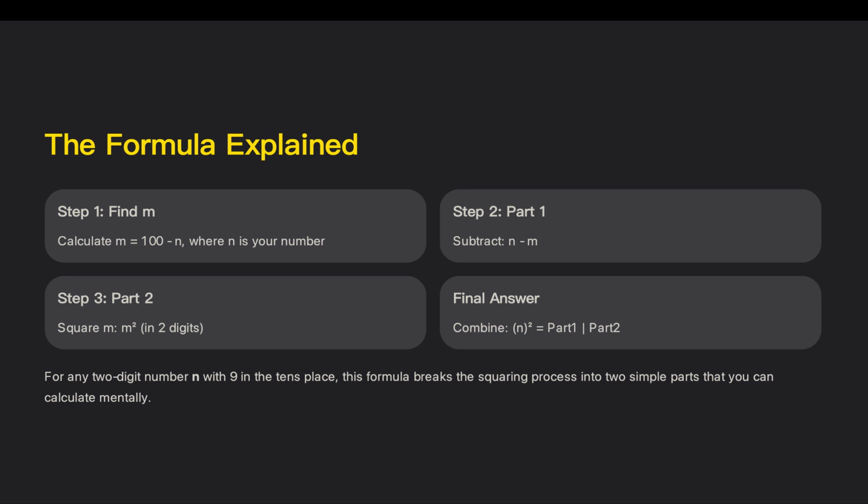That's it. Now, for any 2-digit number with a 9 in tens place, this formula breaks the squaring process into 2 simple parts that you can calculate mentally. So given any number, you can easily do it with mental math.